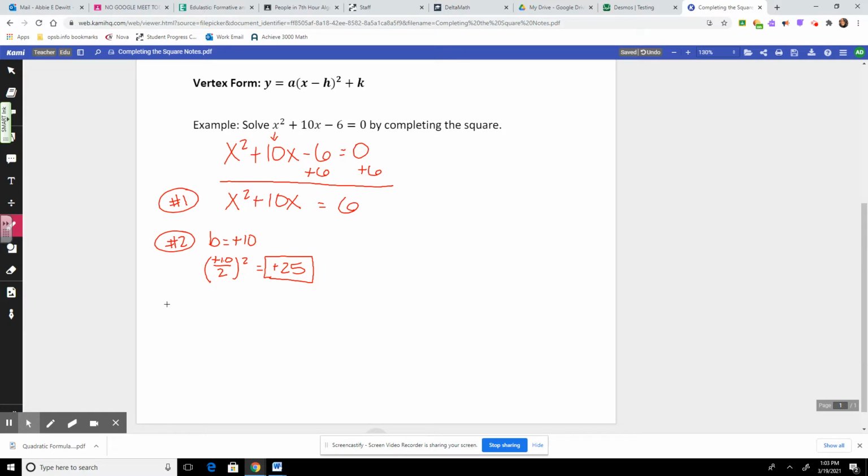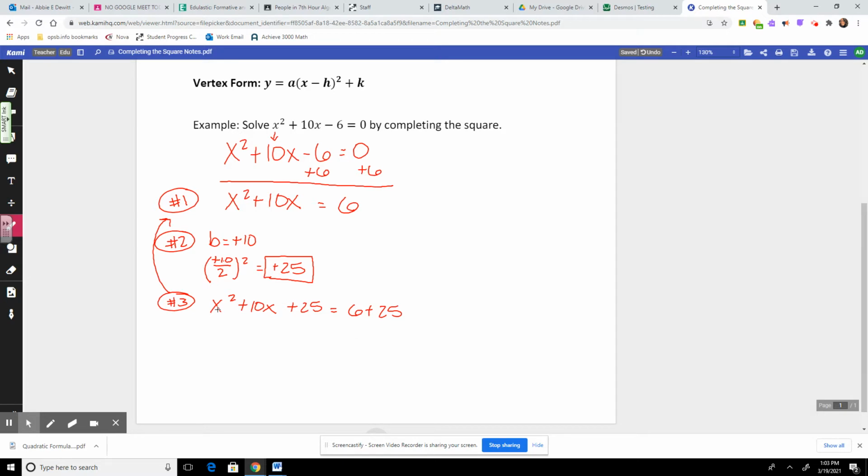Okay? So step number 3, I'm going to go back to step number 1, and I'm going to add 25 to both sides.